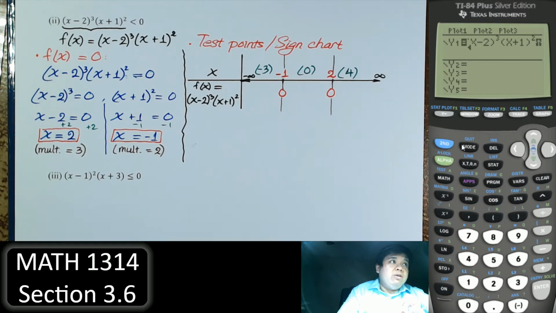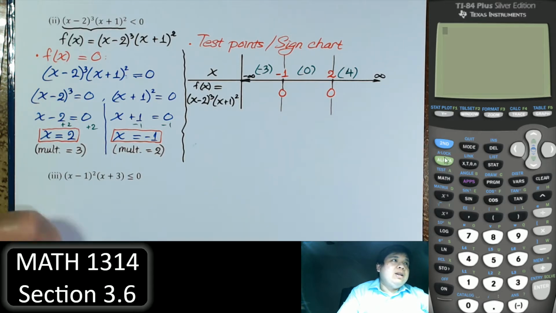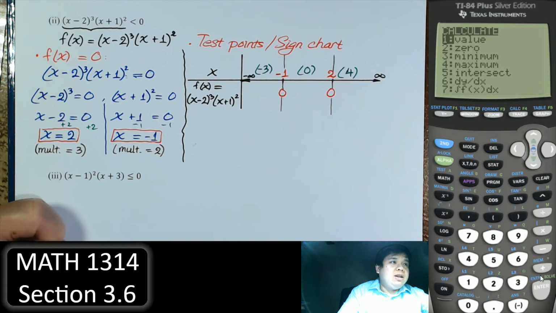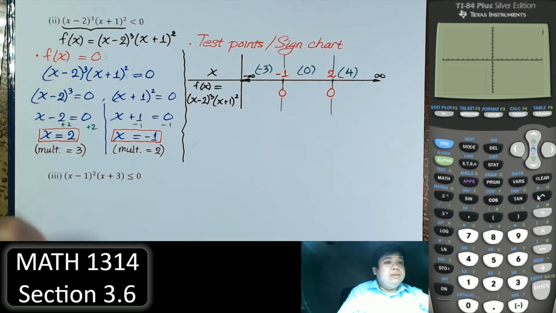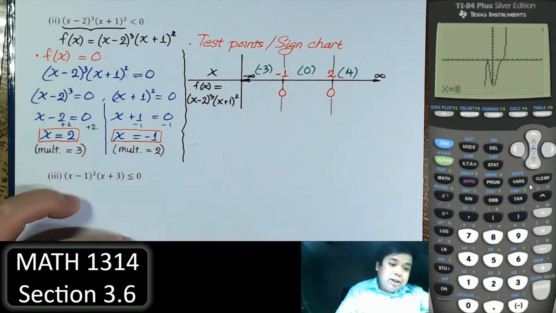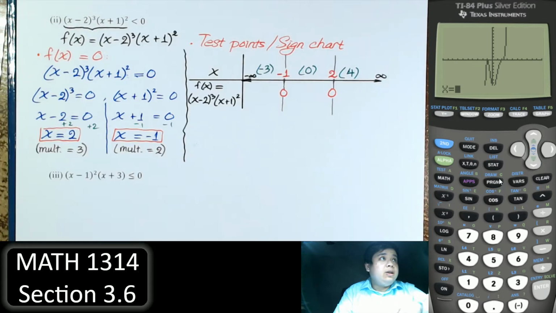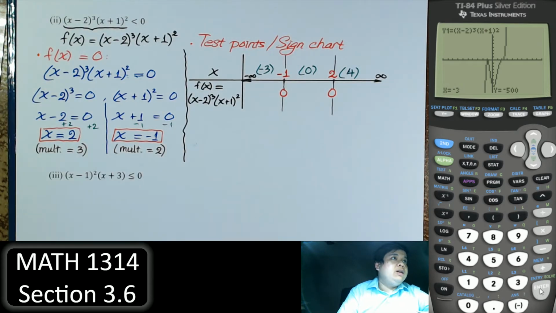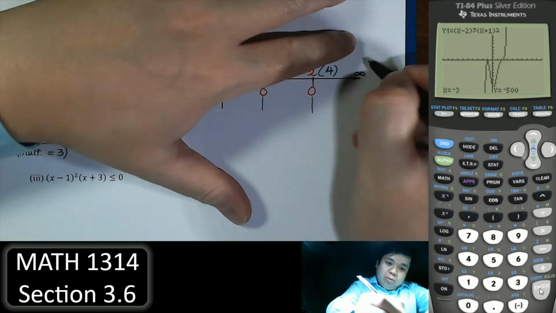We just evaluate the function. We don't need the graph. Of course, the graph will help us too. Right. Second, calculate. And now we're just going to put in the test point, -3. Let's put this in real quick.